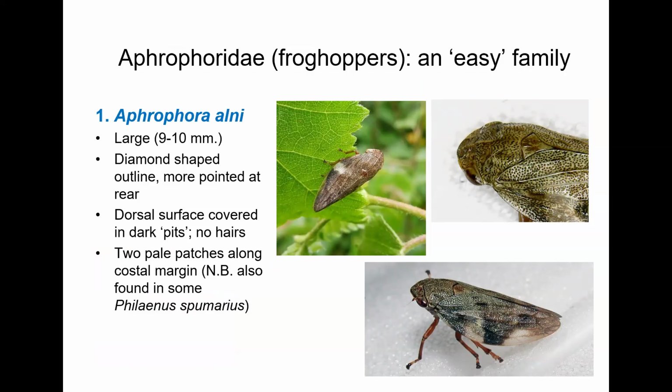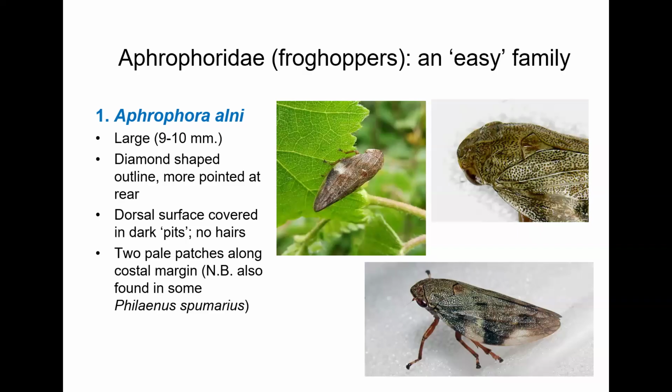So firstly, Auchenorrhyncha Recording, sometimes referred to as the alder spittlebug. This is the largest of them, between 9 and 10 millimeters long, quite a substantial insect. Slightly inflated wings, or extended wings, I should say, at the side, giving them a slightly diamond overall shape and quite pointed at the rear end.